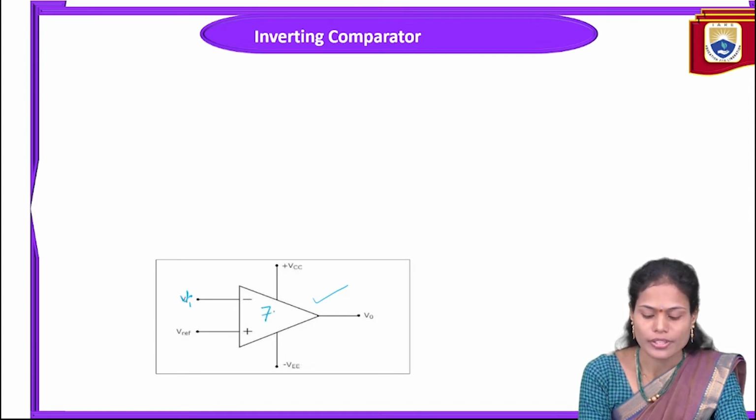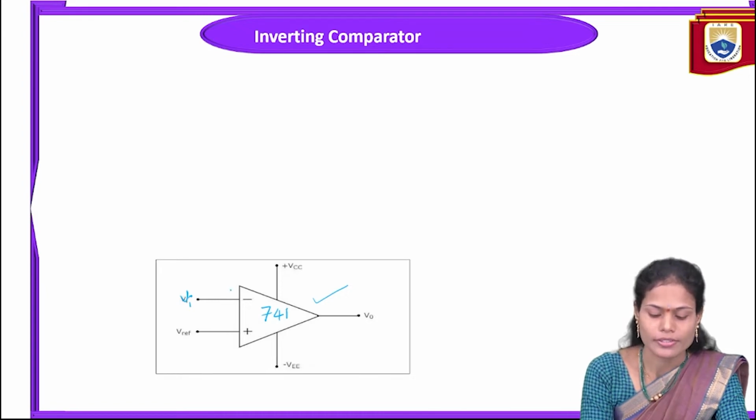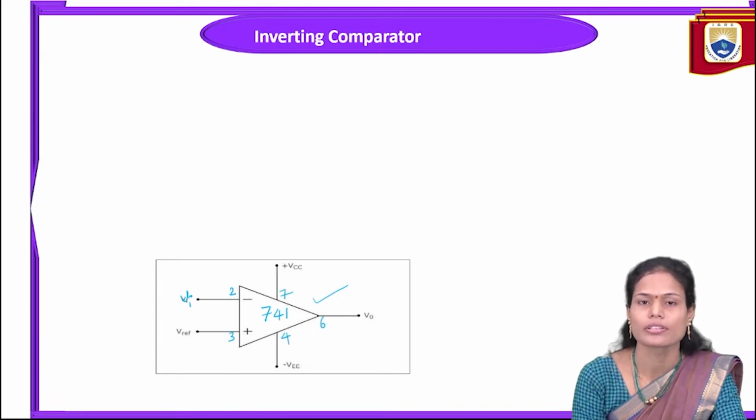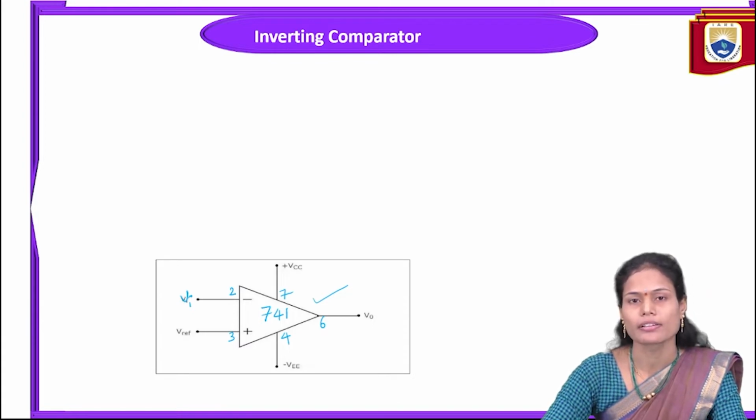This is the 741 IC, and this is the second pin, this is the third pin, this is the fourth and 7, and this is the sixth pin. Always across the second and third pins we provide the inputs, and across the sixth pin we measure the output.